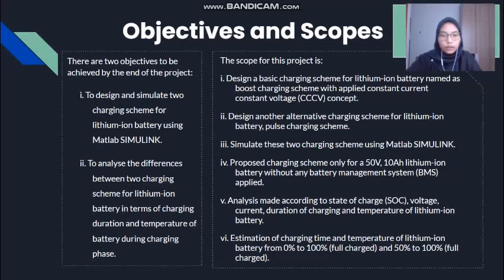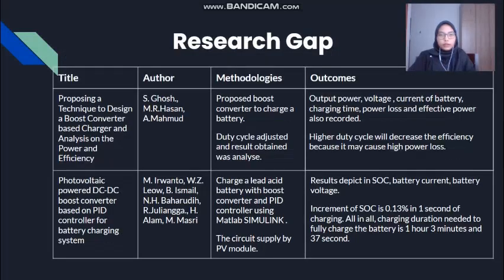The last one is estimation of charging time and temperature of the lithium-ion battery from 0 to 100%, which is full charge, and 50% to 100% full charge.